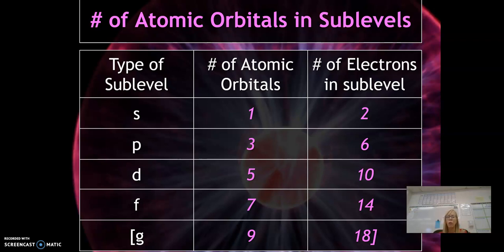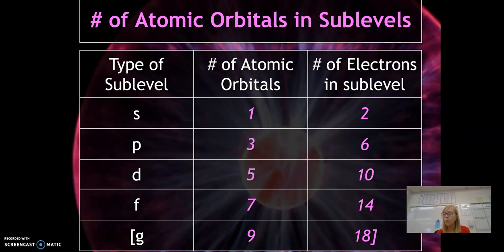Each orbital can hold up to 2 electrons, so the max number of p electrons is 6. A d sublevel has 5 atomic orbitals. That's our clover. If done 3-dimensionally, there would be 5 orbitals, so it can hold 10 electrons. And our f sublevel, our double clover, has 7 orbitals and can hold up to 14.